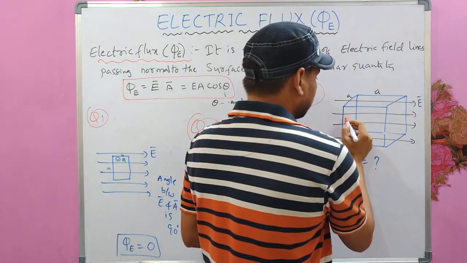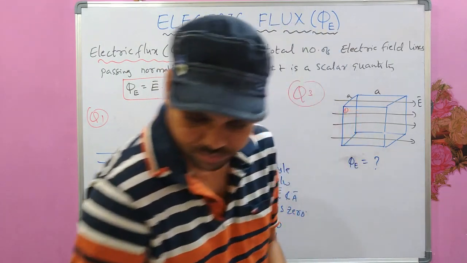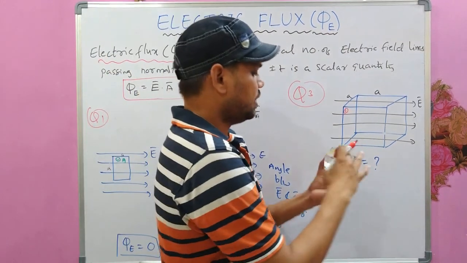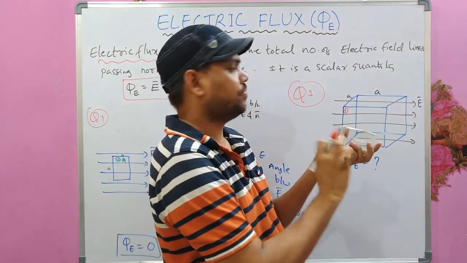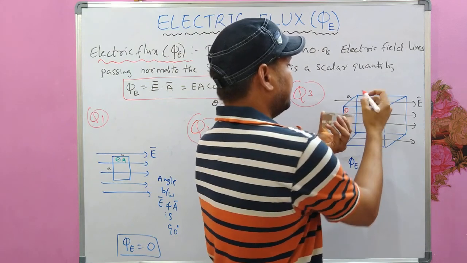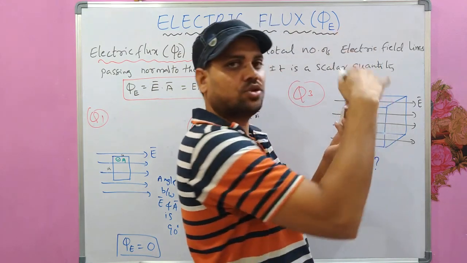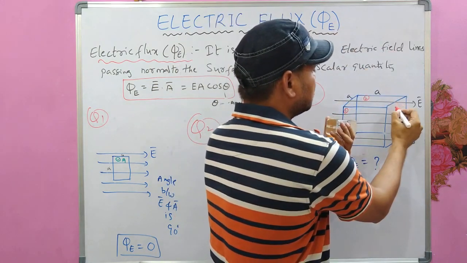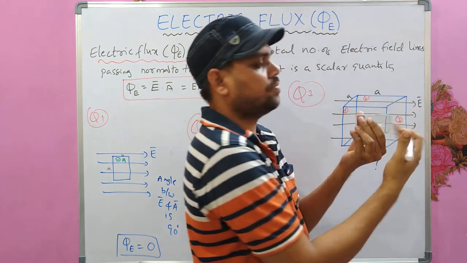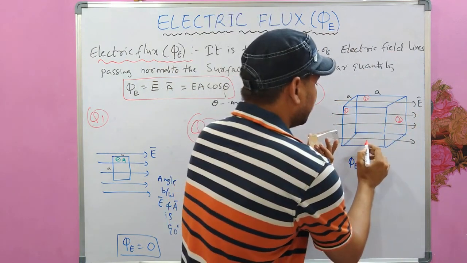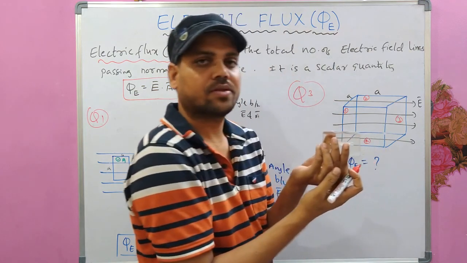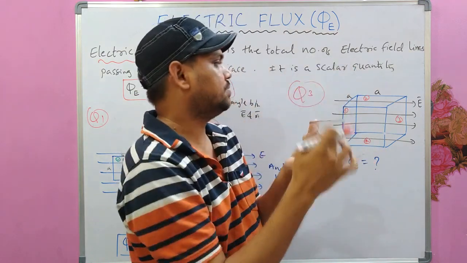So for that, I am dividing this into small segments. I am taking this side as 1, the top side as 2, this side as 3, and the bottom as 4. What about this and this?